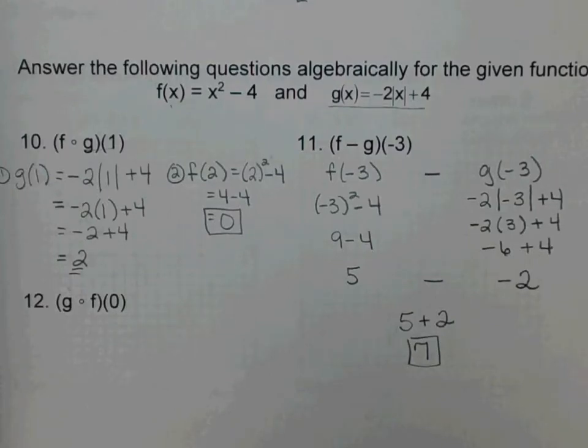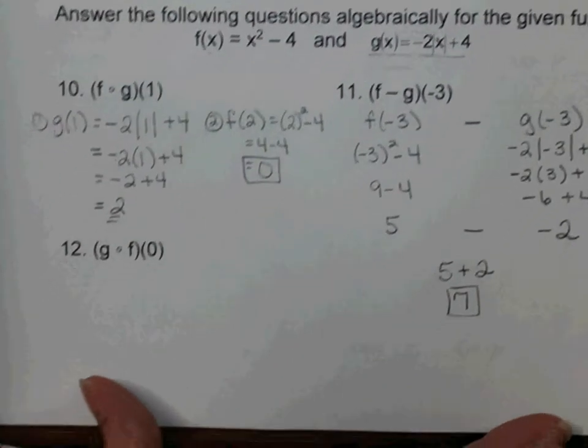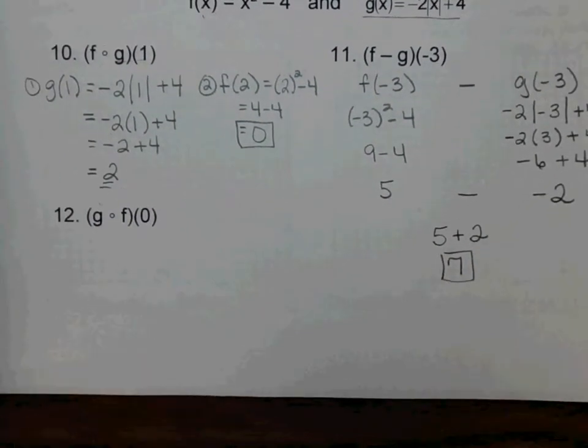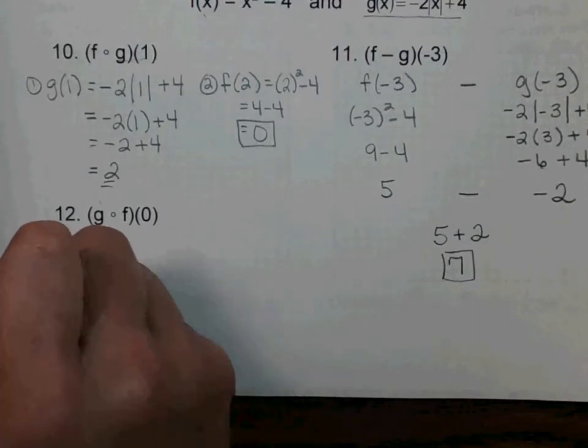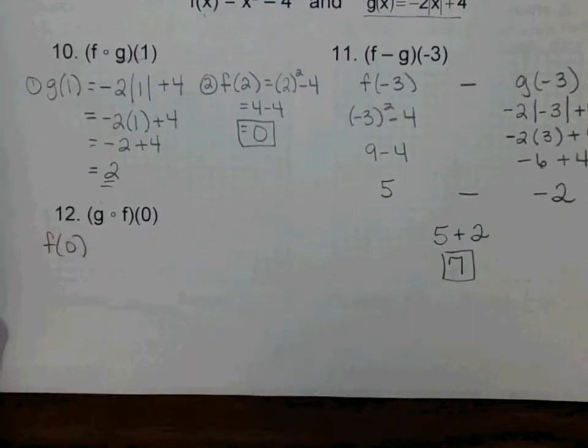Alright, last one, number 12. g of f of 0. Remember, you start with the letter closest to the number, so you're going to start with function f, and you are going to substitute 0 in for x into the function f.